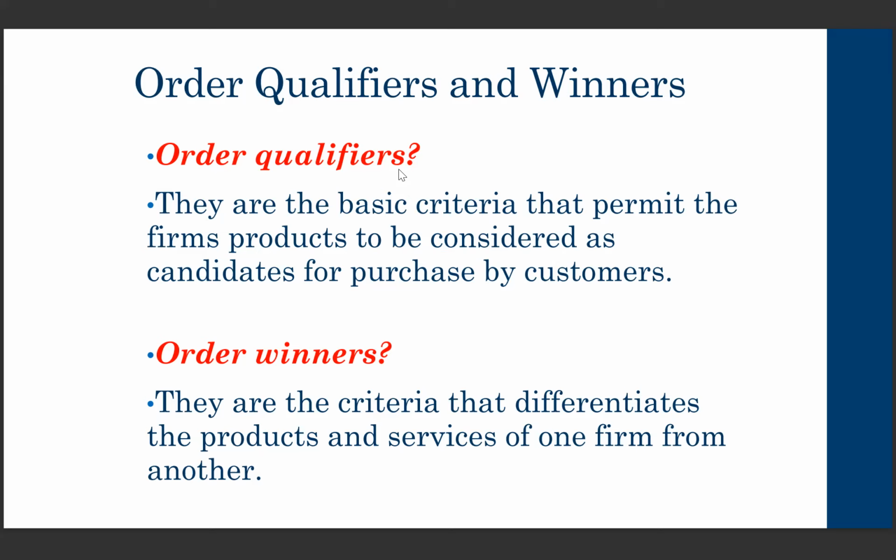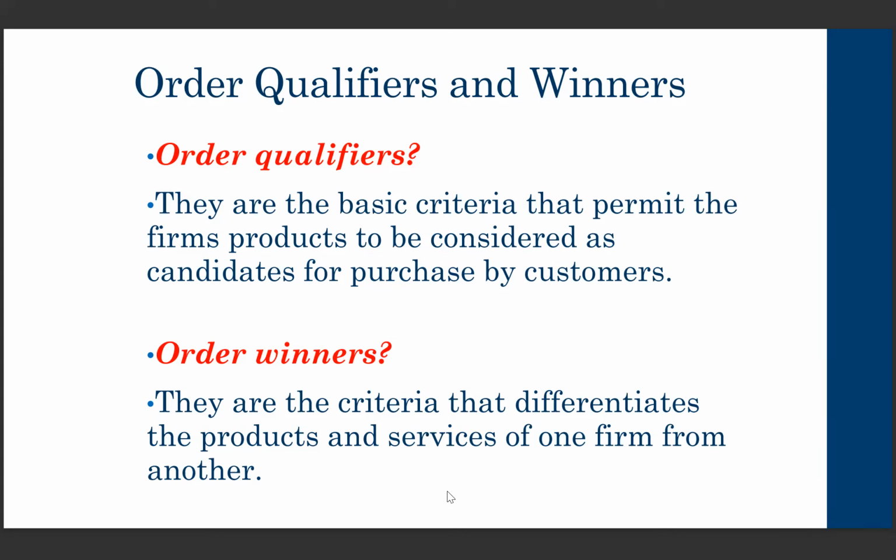There can be some, even Bajaj, Tata, tractors, anything. But if I start a business today, it won't qualify as an order qualifier because I don't have the basic criteria that permit my firm's products to be considered as candidates for purchase by customers. A customer will not come to my business today and buy a car from me. That's what is meant by order qualifiers, the basic criteria to be in the market.